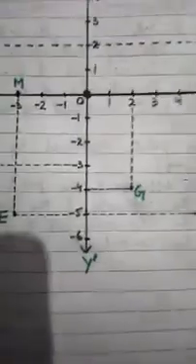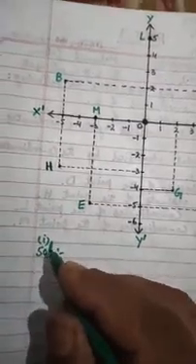Question is the coordinates of B. We will write the solution of this question. It's question number 2 from exercise 4.2, or we can say 5.2. First part, solution.